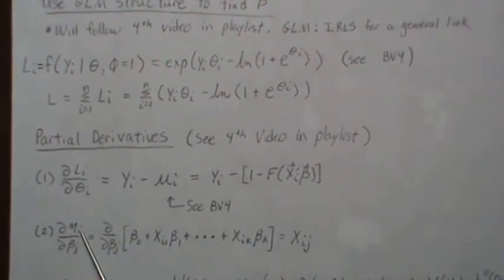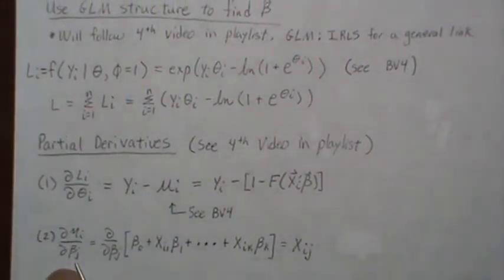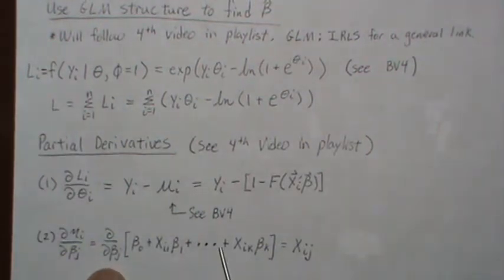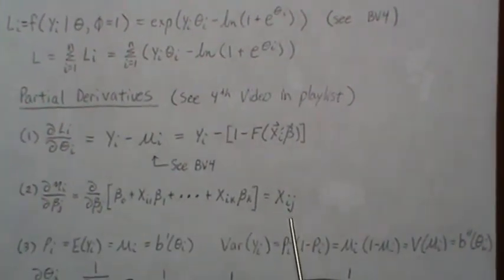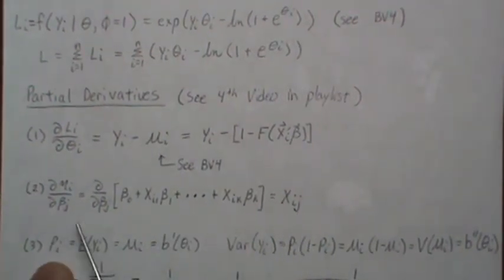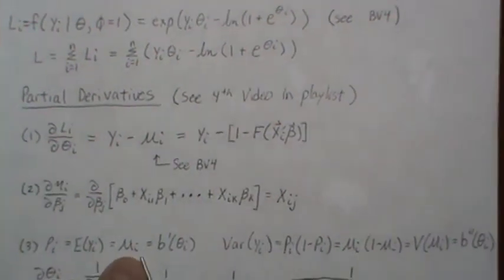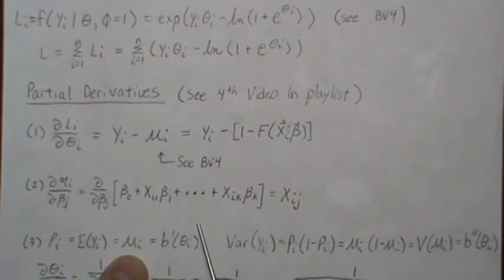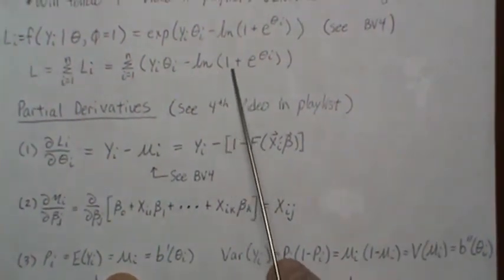Now, eta is our linear combination. So the derivative of eta with respect to beta j, you'd find the beta j and take its coefficient, which is xij. Now, here, the pi, the mean of our data, which we can generically call mu I, is the derivative of this log partition right there.